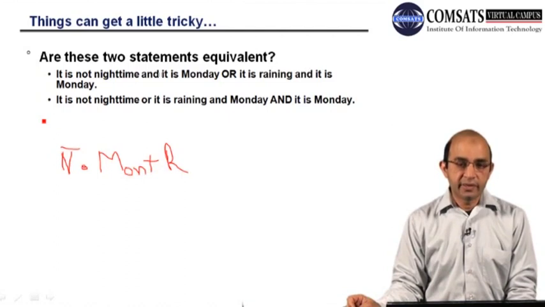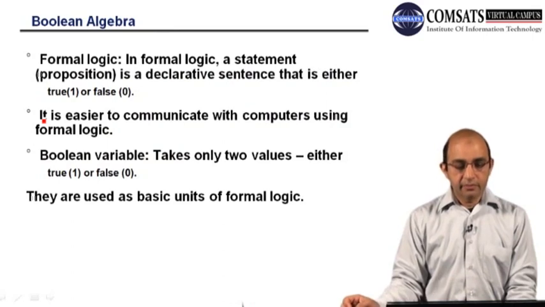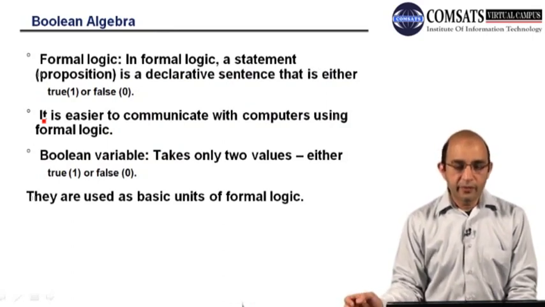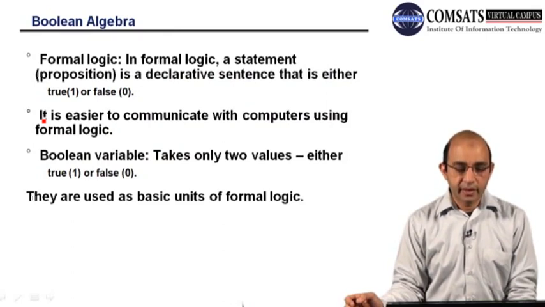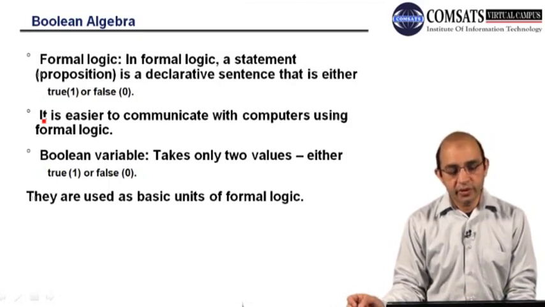For me, its evolution or its roots are in the evolution of languages. In formal logic, a statement is a declarative sentence, so it has to be true or it has to be false.